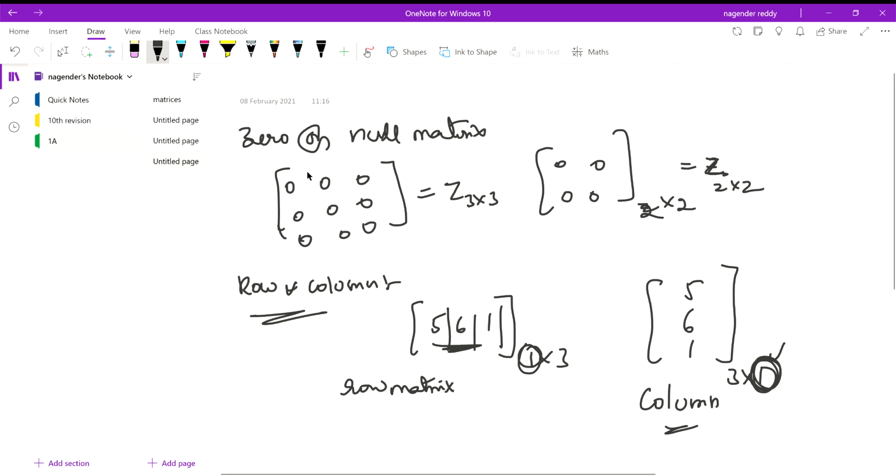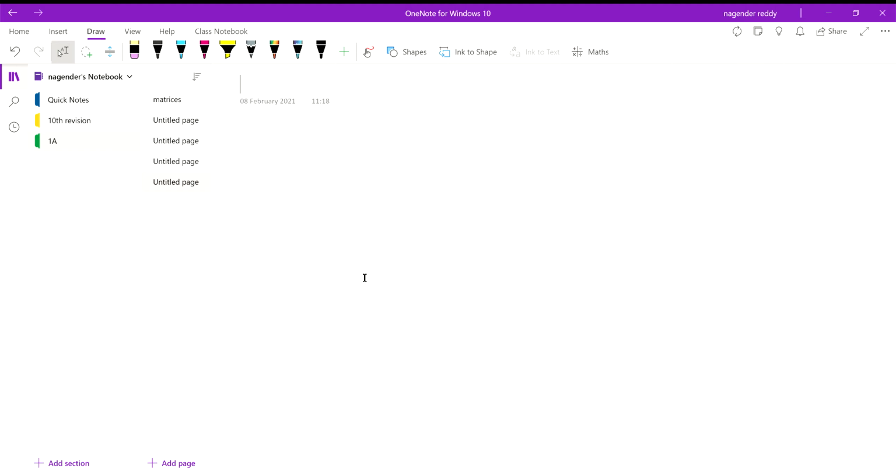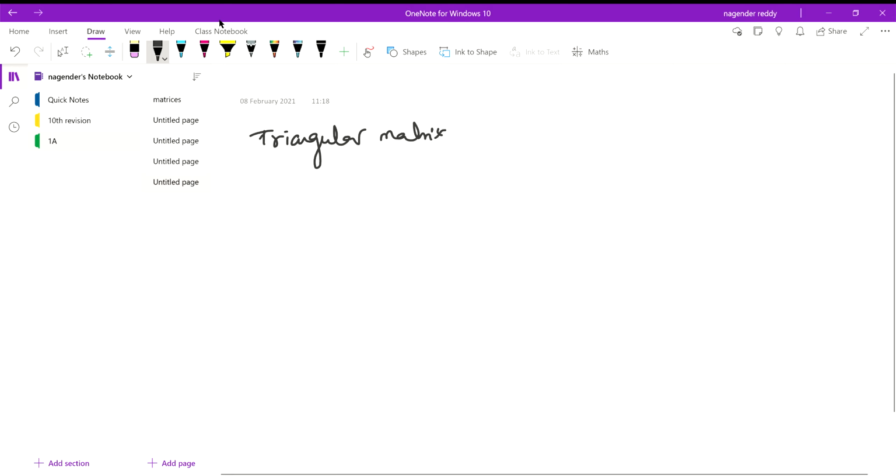Then we'll discuss the triangular matrix. There are two triangular matrices: one is the upper triangular matrix and the other is the lower triangular matrix.